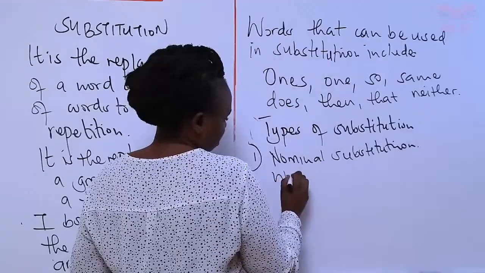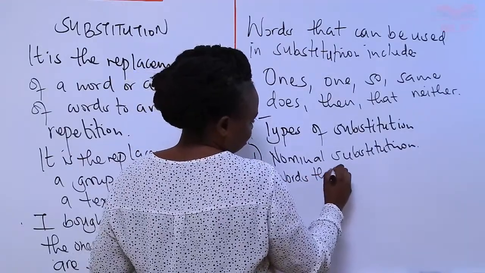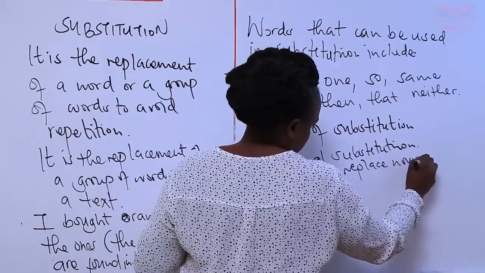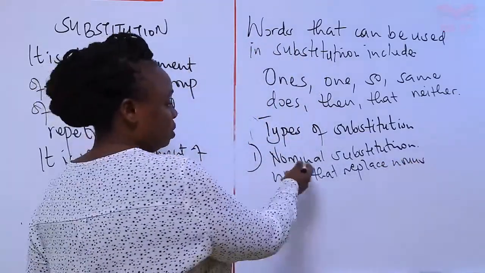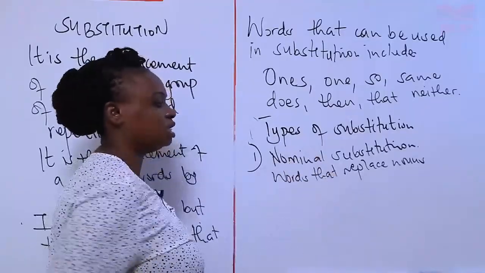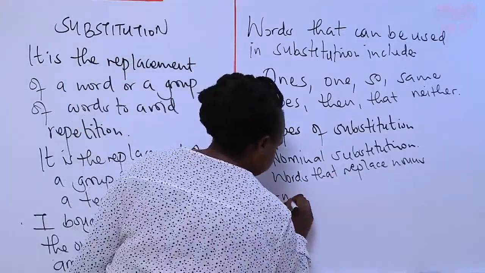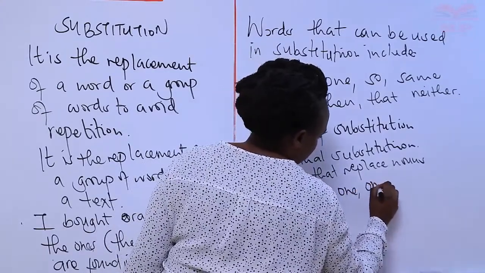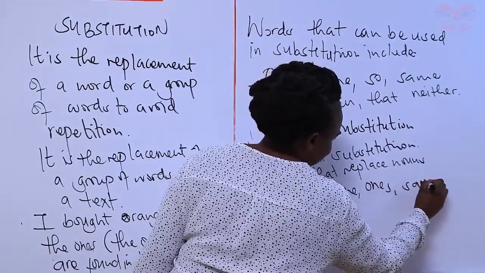Okay, so these are words that replace nouns. So nominal from nouns. Nominal substitution, where we have words that replace nouns, and they include one, ones, same.